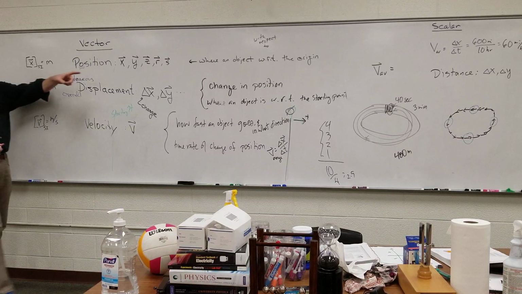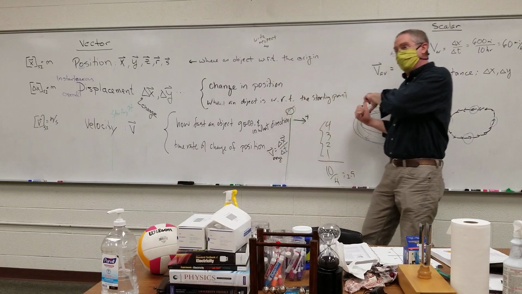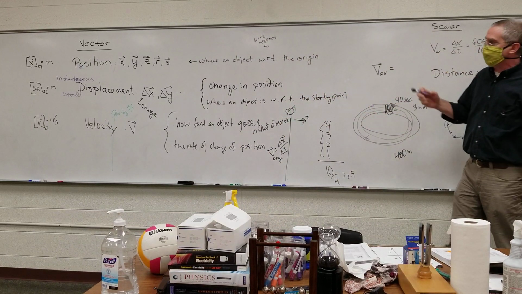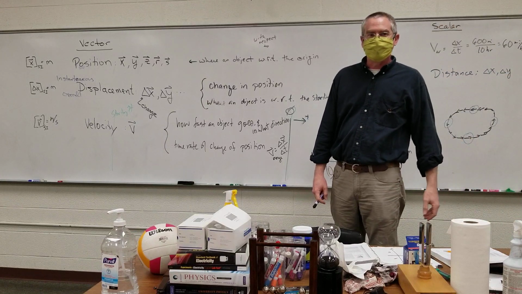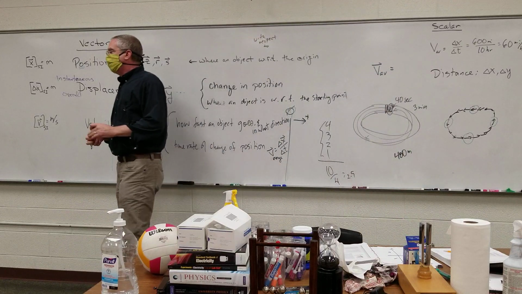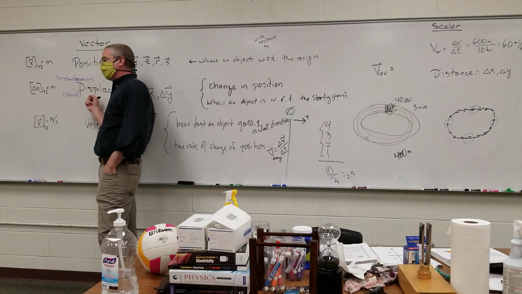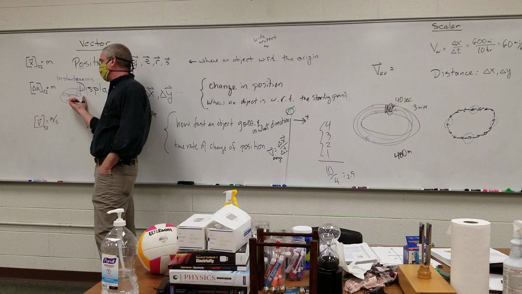Because as I'm going around the track here, my overall displacement, which is what I was asking about here, is where am I relative to where I started. Instantaneous is where am I relative to where I just was. So both of these include displacement? Both of them, so I can have instantaneous displacement or overall displacement. The default is overall. If I just say what is the displacement, this is what I'm asking.